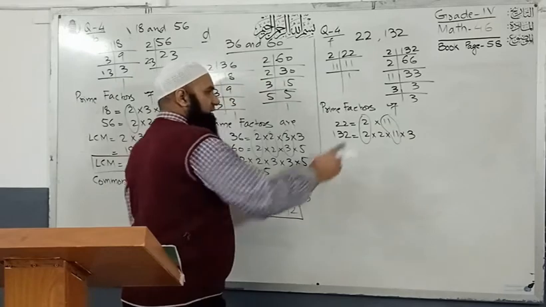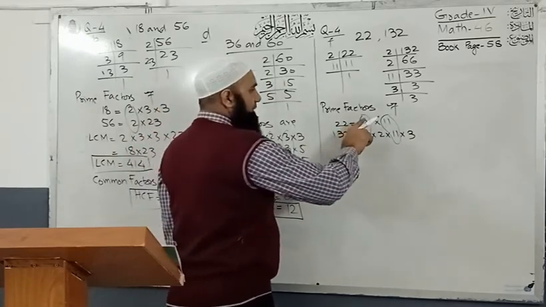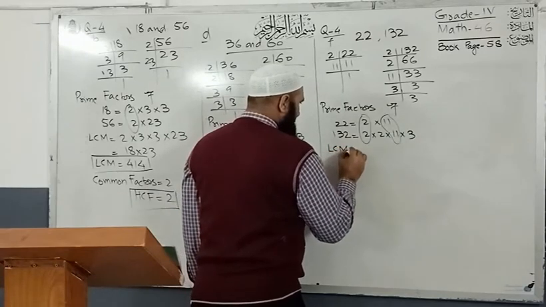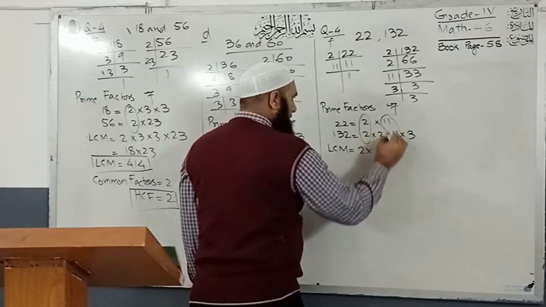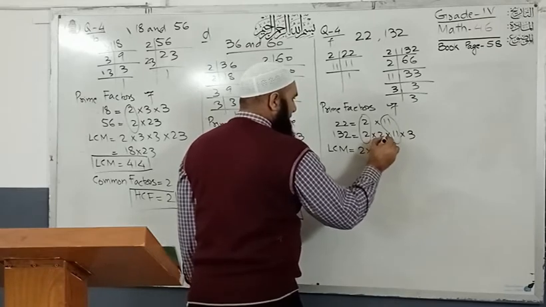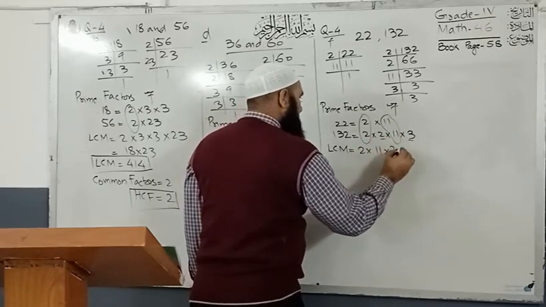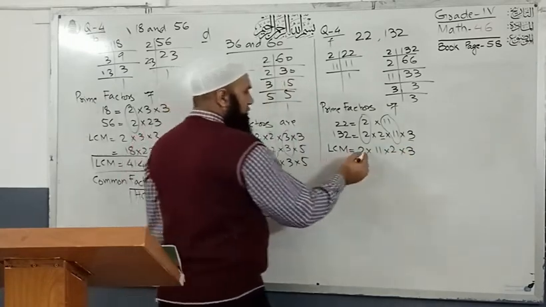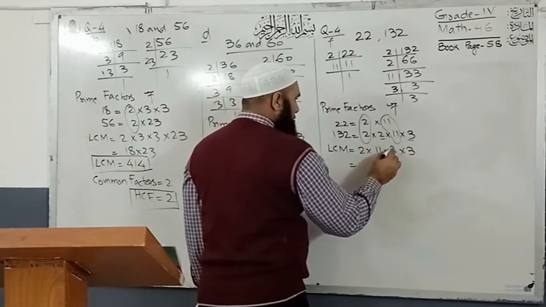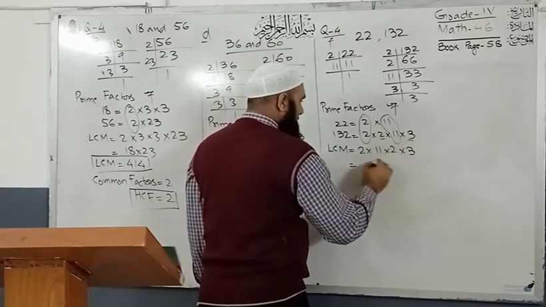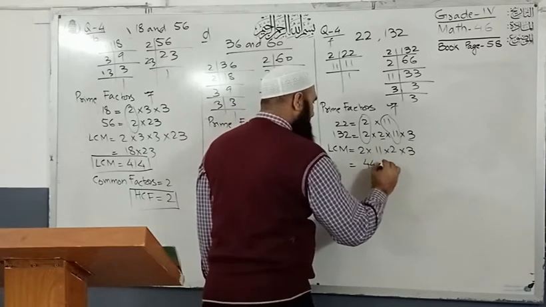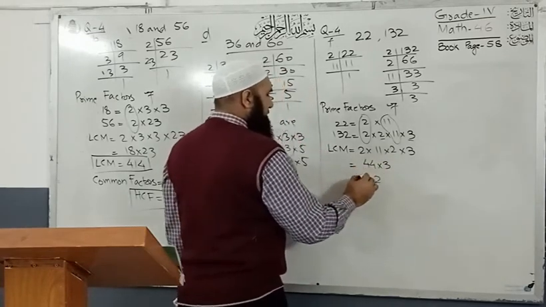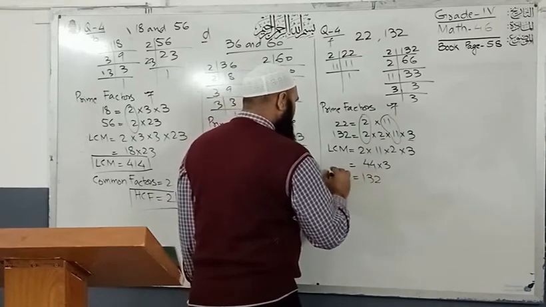And for LCM, take one digit from each pair: 2 from here, 11 from here, and write also this 2 and 3. So this is 2 multiply 11, 22. 22 multiply 2 is 44. 44 multiply 3 gives 132.